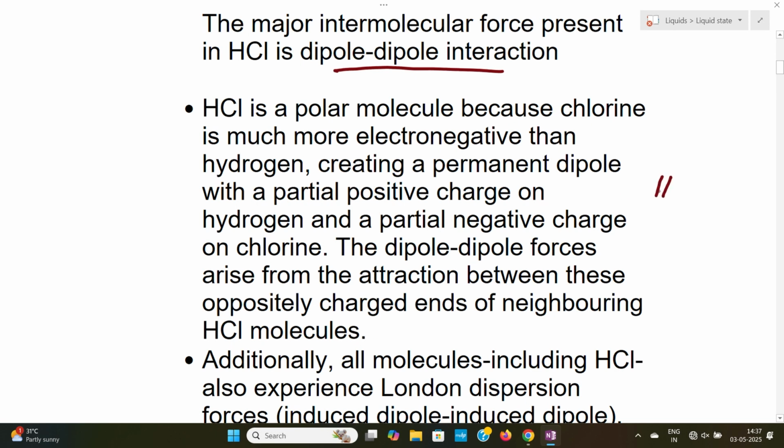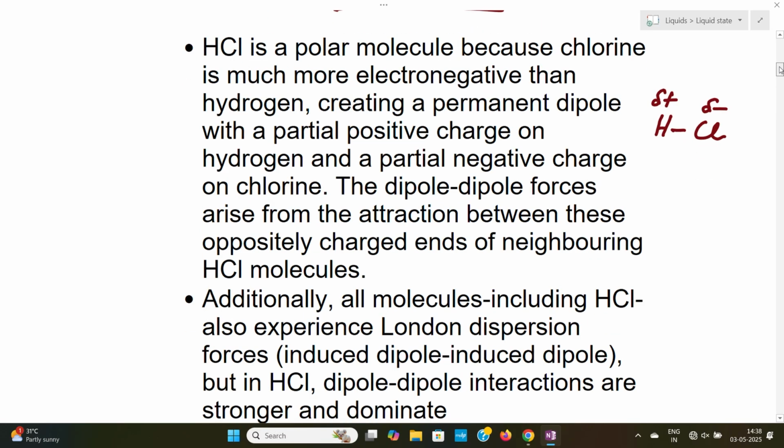So here, chlorine is highly electronegative and acquires a partial negative charge, and hydrogen acquires a partial positive charge. Therefore, HCl is a polar molecule, and dipole-dipole interaction is more prevalent in HCl.